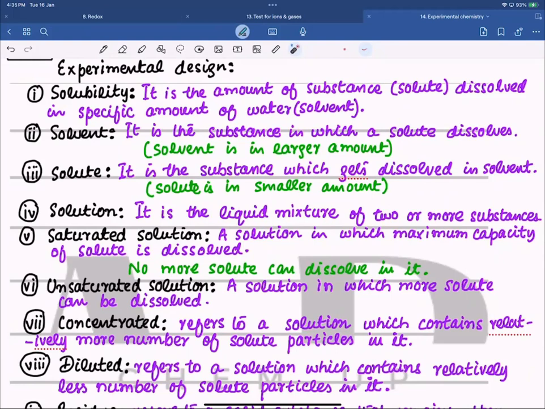We use them when we are comparing two solutions. Concentrated always means that it has more solute in it, and diluted is the one which has a lesser amount of solute in it. Are all these terms understandable to all of you? If any one of you has any query, please ask. Okay. Then note these down.